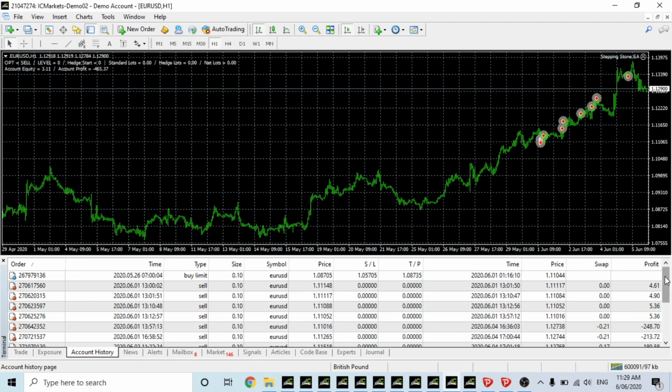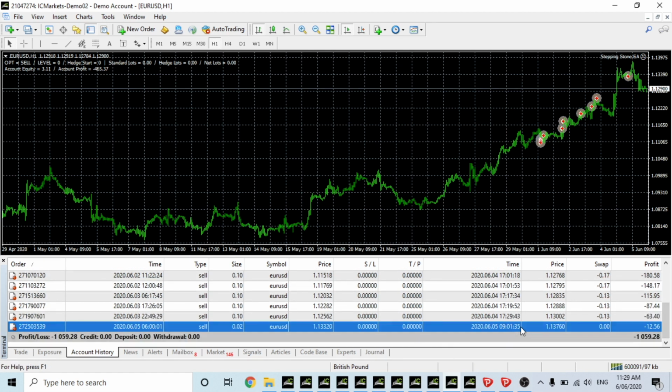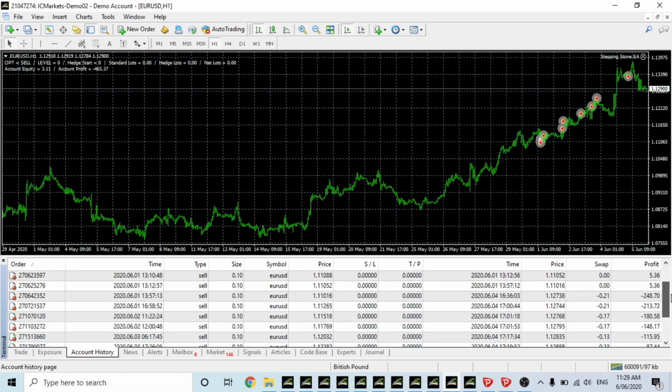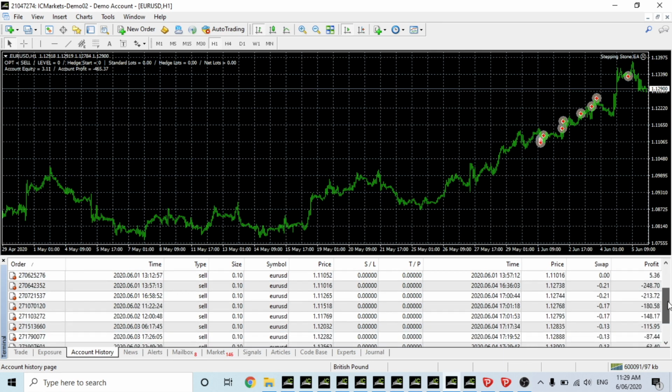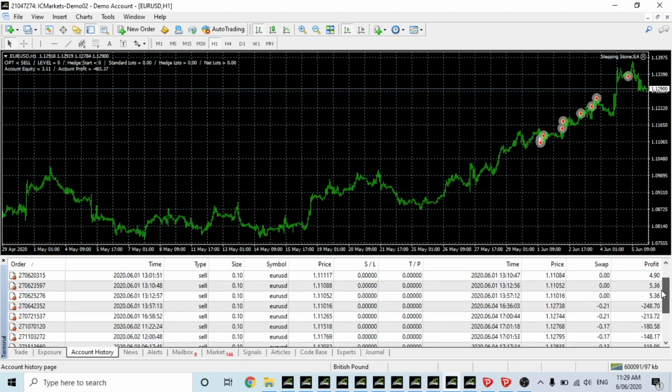So what I'm going to do with this Stepping Stone is, even though it did lose that last trade, but it didn't have a chance anyway, I'm going to give it another $1,000, and I'll start it on 0.02. Because I think 0.01 would be a bit too small for this EA with $1,000, but I'll get another crack. I stuffed up. Sorry, Stepping Stone. I thought 0.1 lots would have been okay, but I guess not.